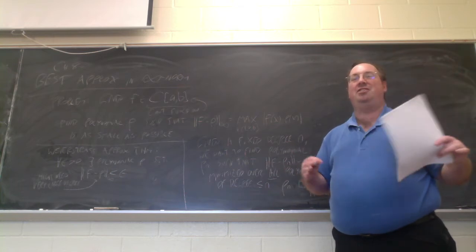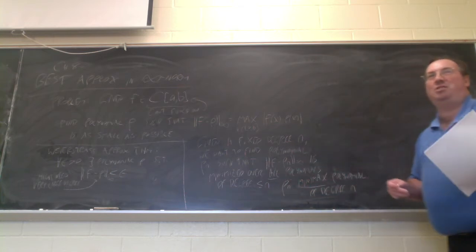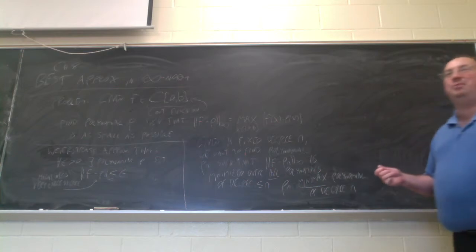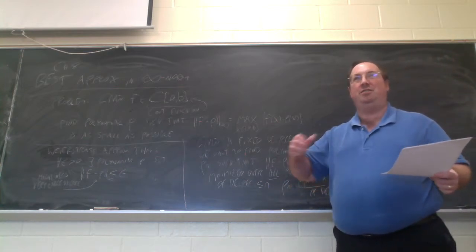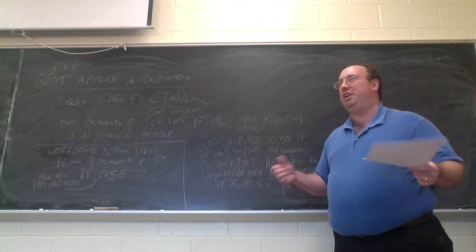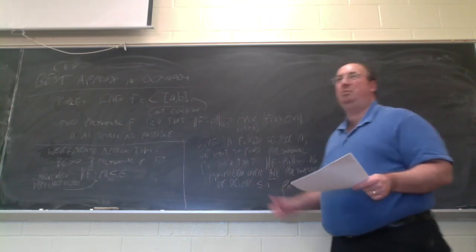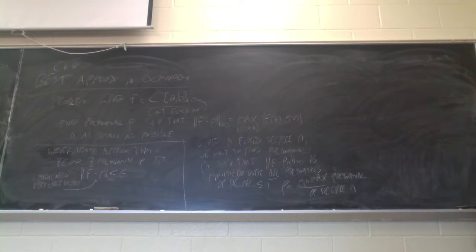That problem is not solved. And this totally flies in the face of what numerical analysis is about. Numerical analysis is about finding algorithms to solve certain problems, actually give us an approximate solution. We could try to get close to minimax. We'll be able to do that, but only in certain isolated cases can I say, here's how you get the minimax polynomial. And that just rubs me the wrong way.